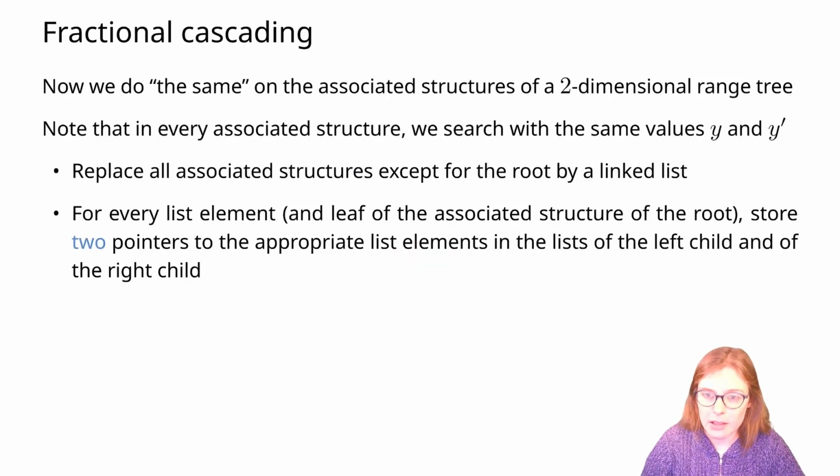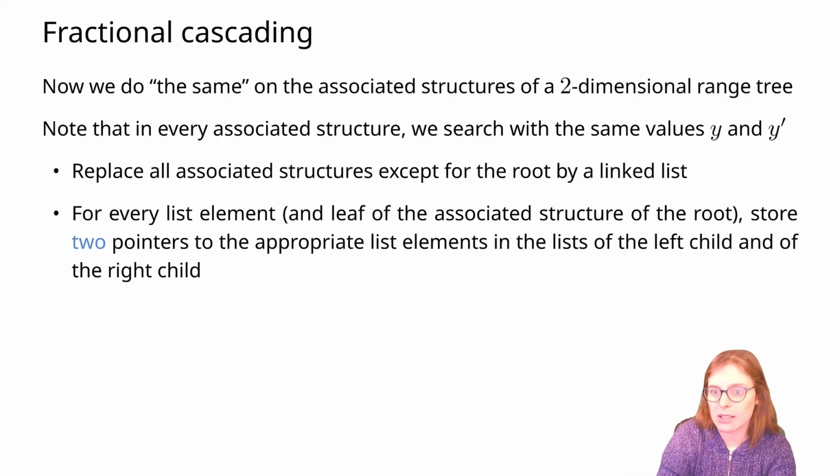Now, we apply this idea on the associated structure of a two-dimensional range tree. So instead of building one-dimensional binary search trees on each level of the associated structure, we will replace the bottom search trees by these subsets with pointers between different levels, connecting the predecessors and successors.